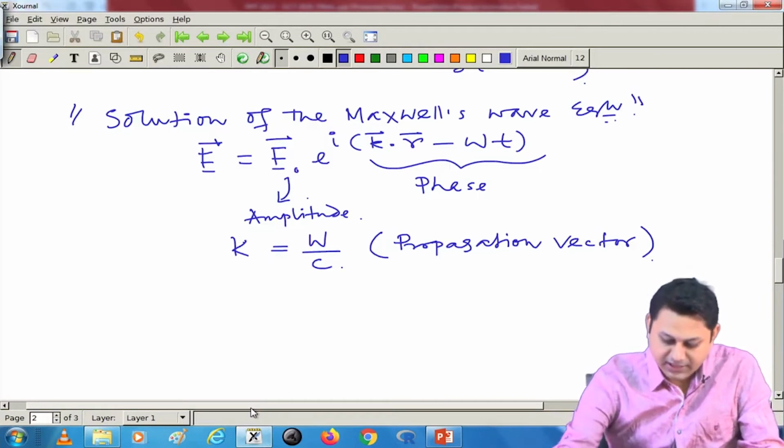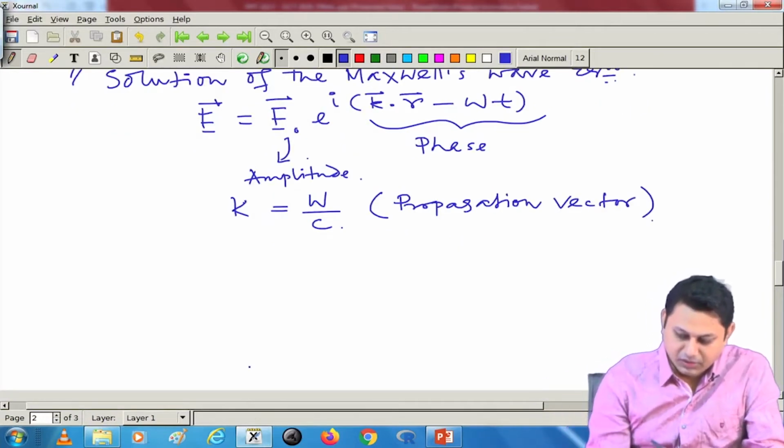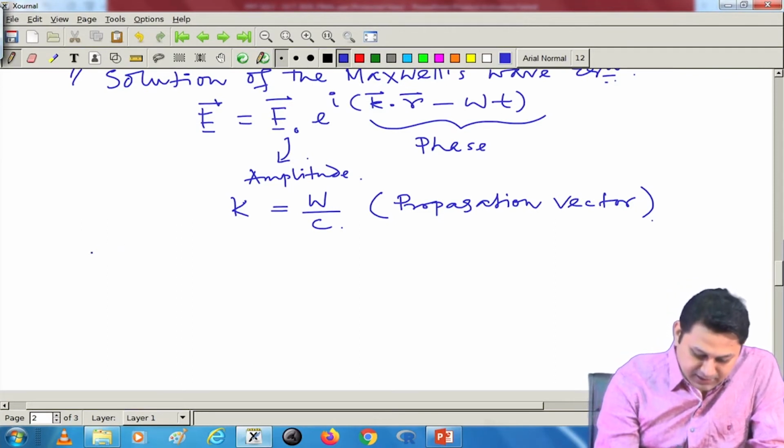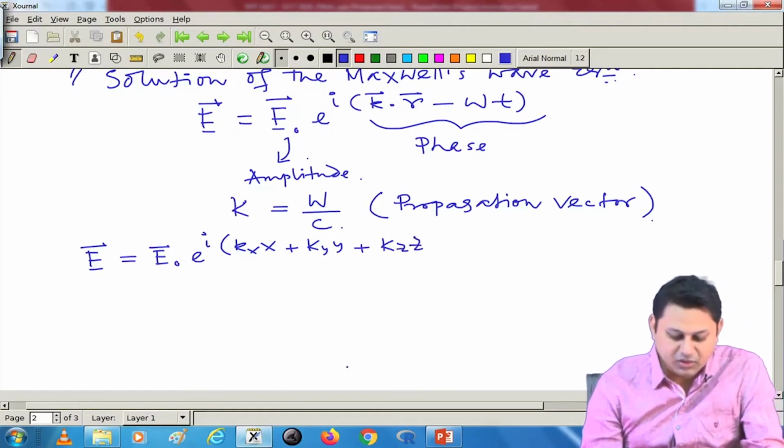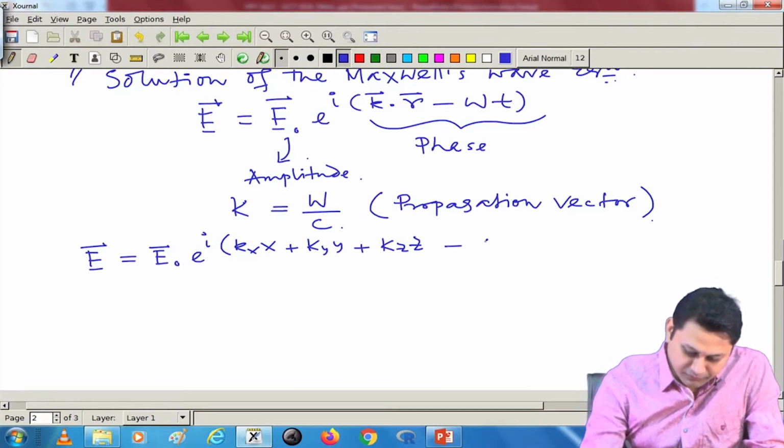Well, let us check whether really this is a solution or not. So, I have my E as E0 e to the power of i, k dot r, and I can divide this k dot r as kx x plus ky y plus kz z, where kx, ky, kz are the three components, minus omega t.